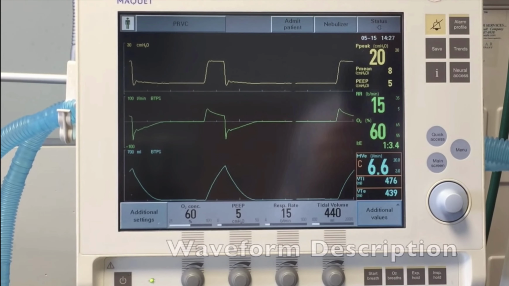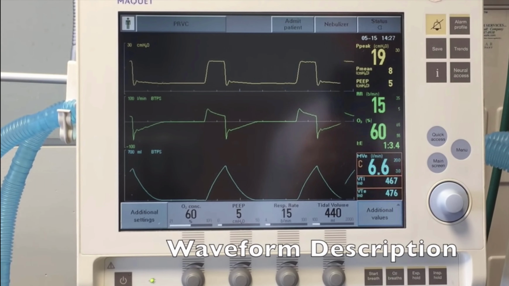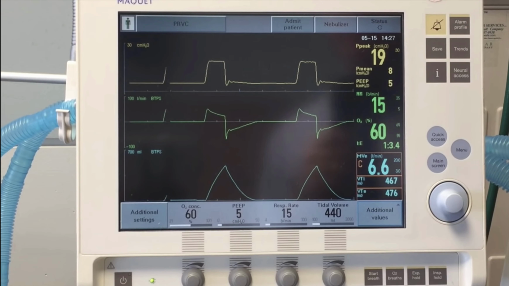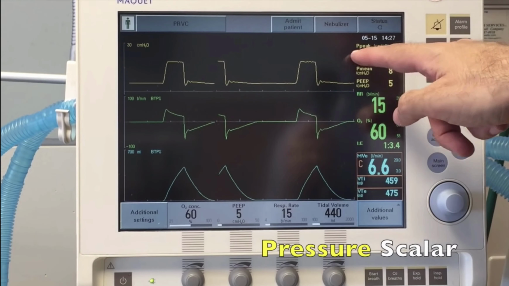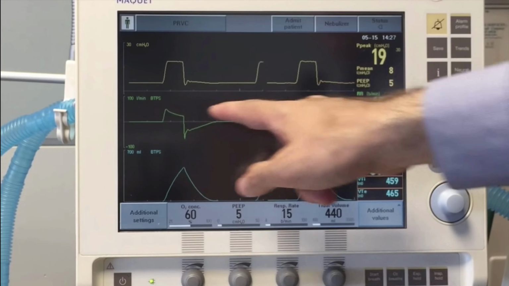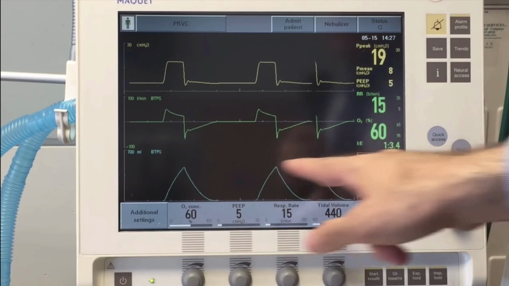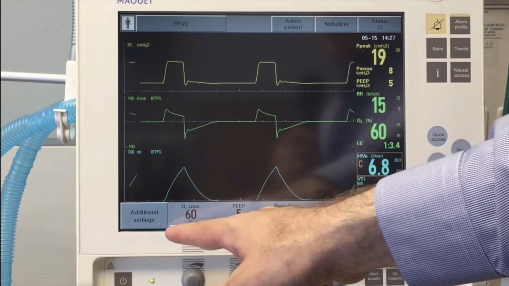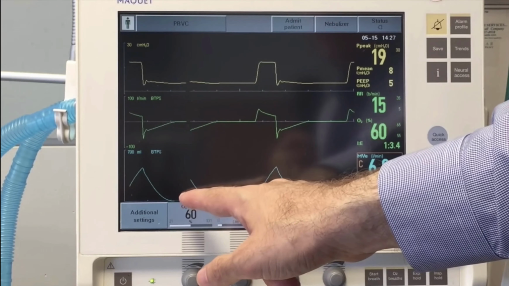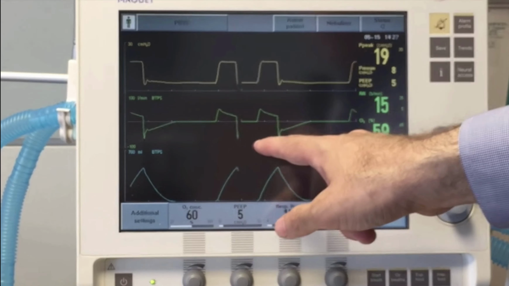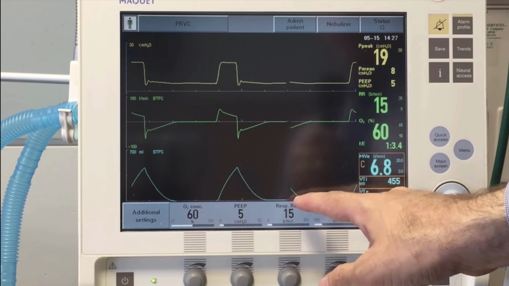We'd like to take a few moments here and describe to you what each of these waveforms refers to. This is called the pressure scalar, this is called the flow scalar, and this is called the volume scalar. As you can see, starting from the bottom, with each breath, the volume scalar goes up, and as the patient exhales, it goes back down to 0.